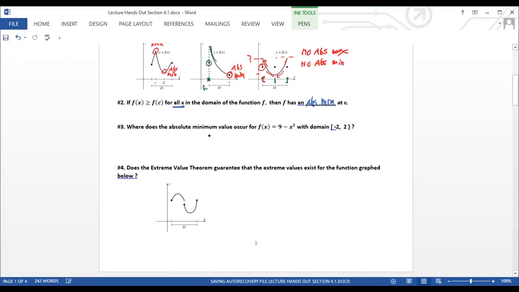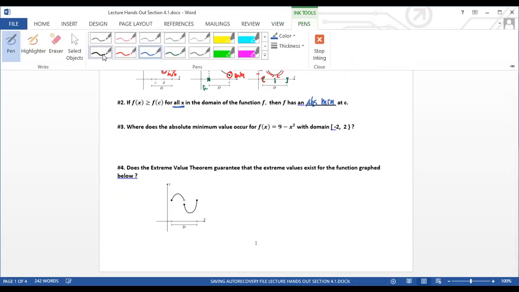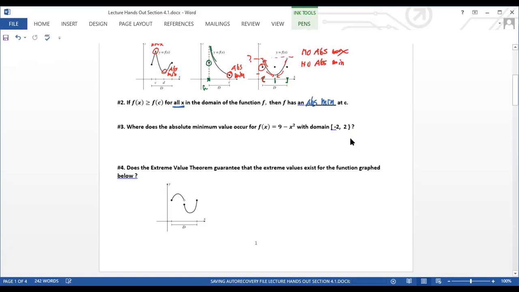Okay, so now number 3 is here. This should not be braces, this should be brackets. Okay, so it's closed. This one asks, where does the absolute minimum value occur for this function with this domain? So for here, let's try to do a graph first, right?